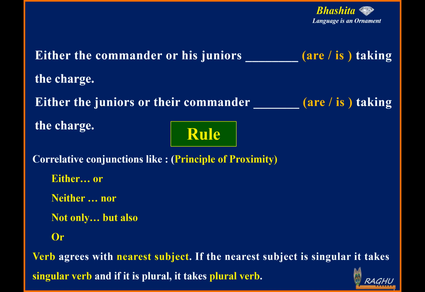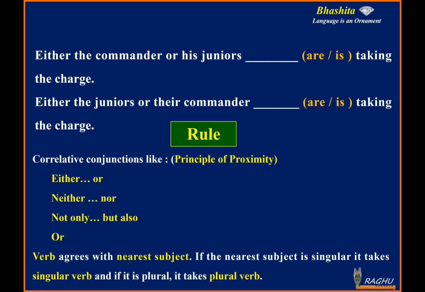So according to this rule, what is the right option? Observe carefully in the first sentence. Juniors is a noun which is a plural noun, which is very close to the verb form. But in the second sentence, commander is a noun which is acting as a subject here, but which is singular. According to the rule, if the nearest subject is plural, it will take plural verb form.